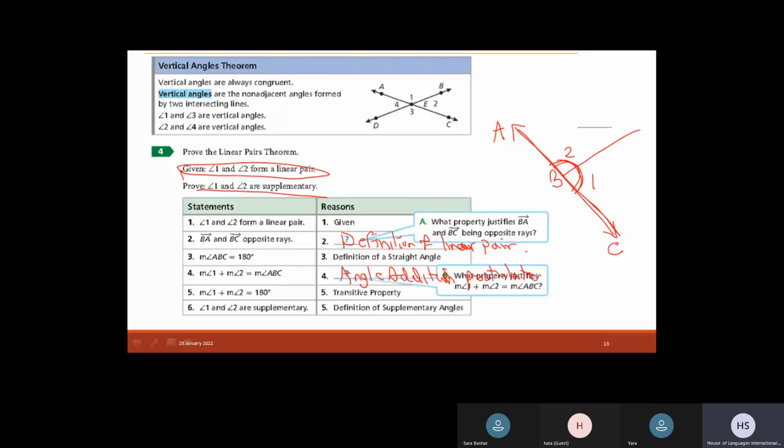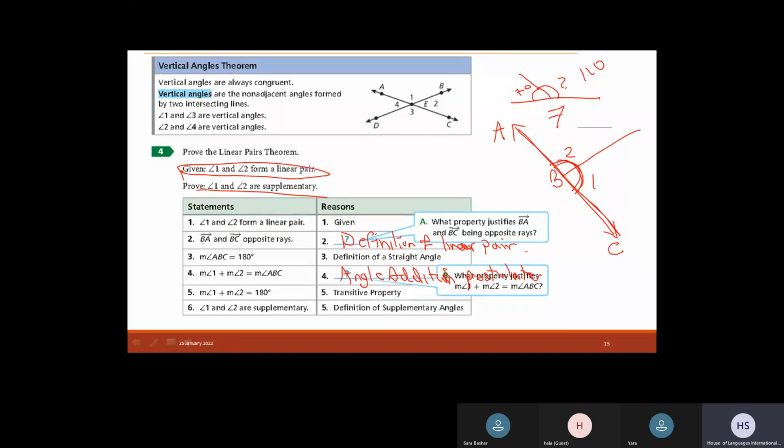Angle addition postulate means, if you remember before, when we have this is 70 and I want to ask you about the second angle, how will you find it? This is 70, the line is 180, and it's 110. So what did you do?